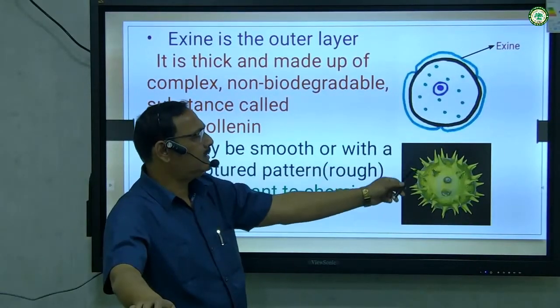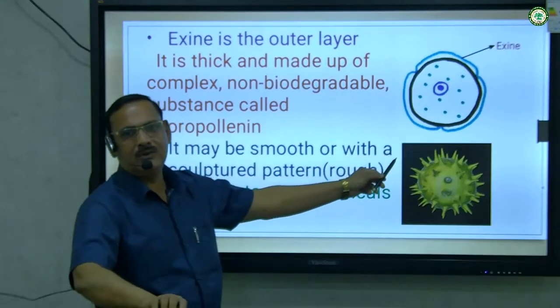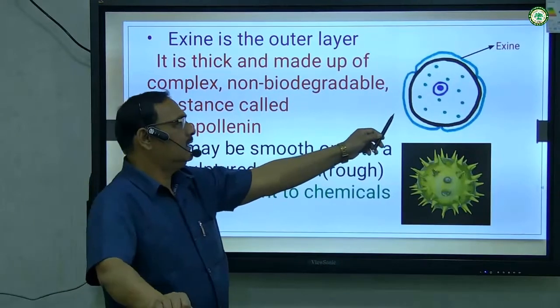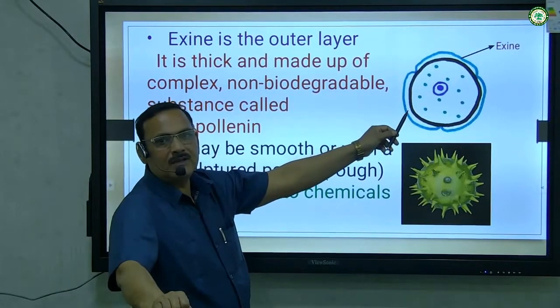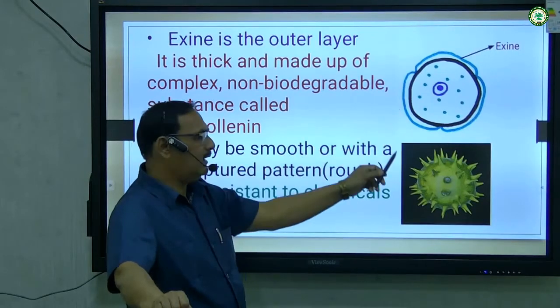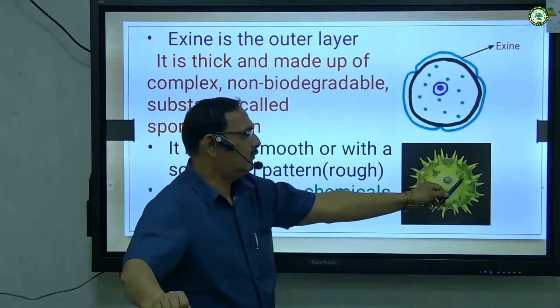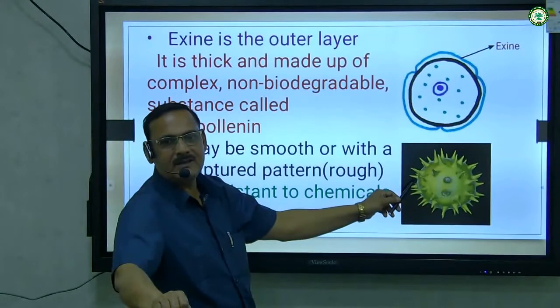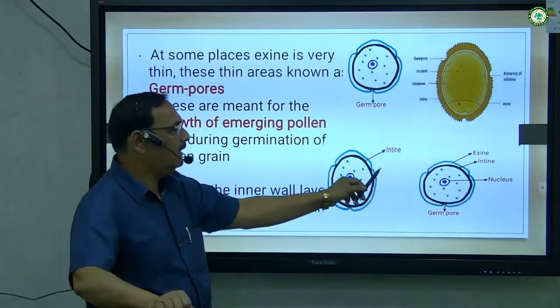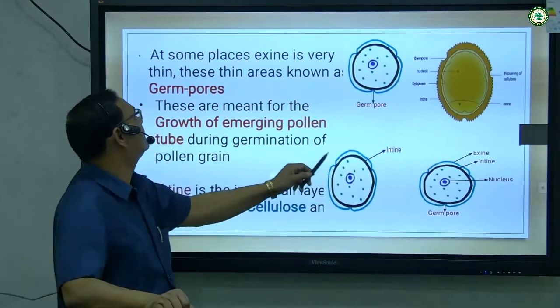Why is there this variation? The variation is mainly due to the type of pollination. Smooth-walled pollen grains are mainly seen in wind-pollinated plants, and pollen grains with spiny exines are mainly seen in insect-pollinated plants.